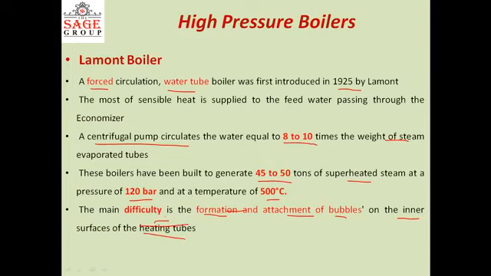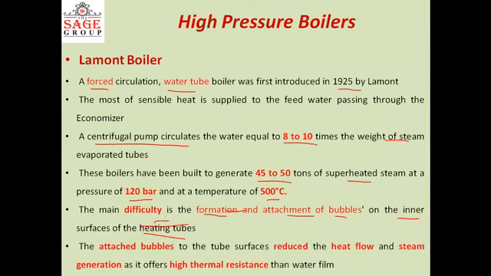These bubbles attached on the tube surfaces reduce the heat flow, and that further reduces the amount of steam generation because of the high thermal resistance offered by the water film because of the bubble.